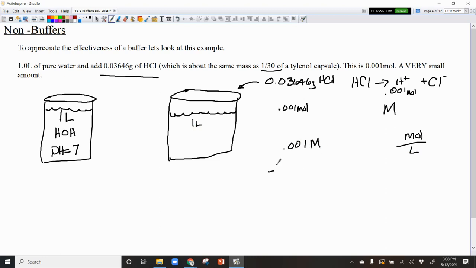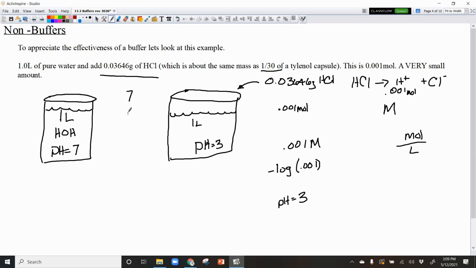All right, and if we take the negative log of this, which is how we get pH, we're going to get a pH of 3. All right, so adding that very small amount of hydrochloric acid, which is hydrogen ions, to this water, now an unbuffered solution, it drops the pH to 3. Okay, and that's a lot.